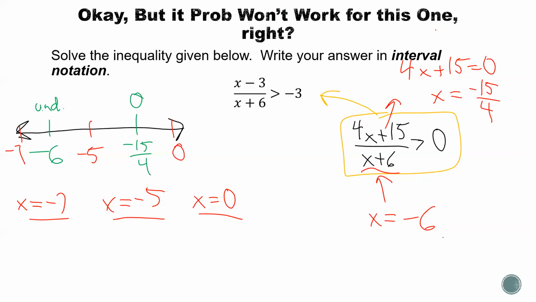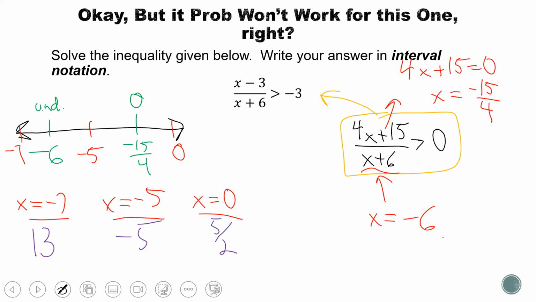I'll leave it to you all to check this work I have. But if I plug in negative 7, I believe that the answer comes out to be positive 13. If we plug in negative 5, I believe we actually get an answer of negative 5, and then if we plug in 0, we'll get positive 5/2.